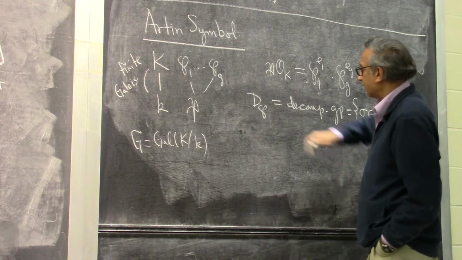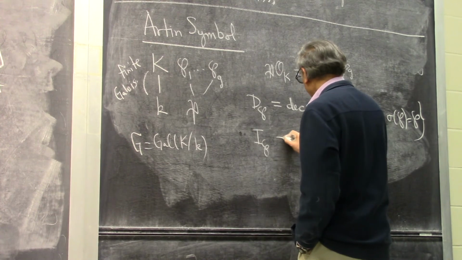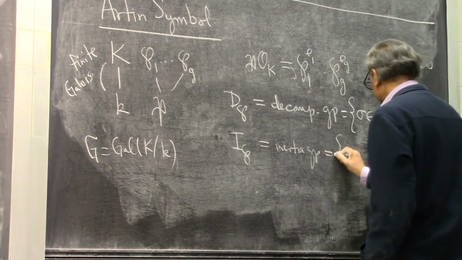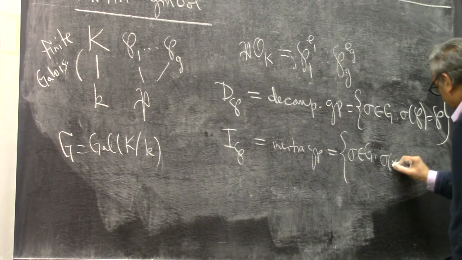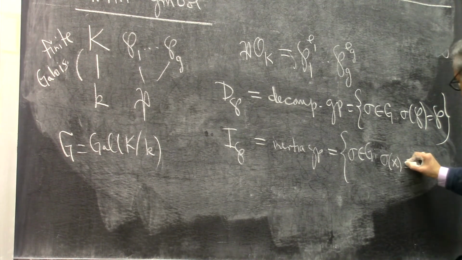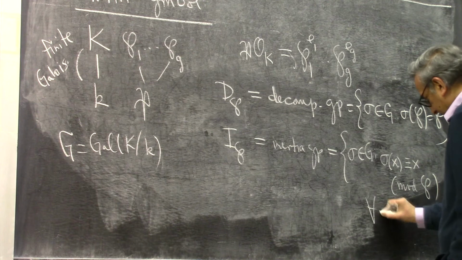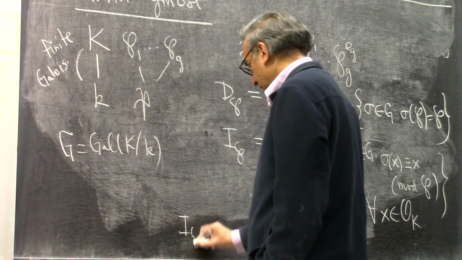Then you have what's called the inertia group, which consists of sigma such that sigma x is congruent to x modulo P for all x in the ring of integers of capital K. And the inertia group is a normal subgroup of the decomposition group.